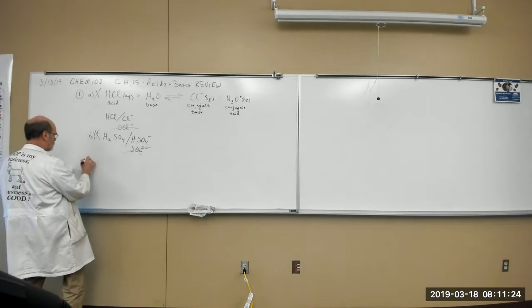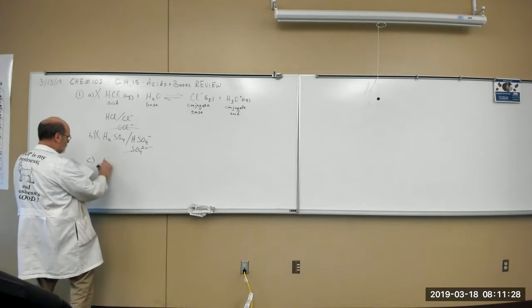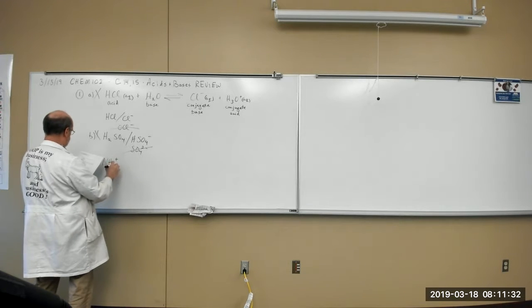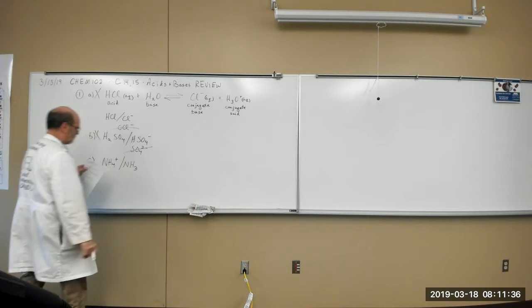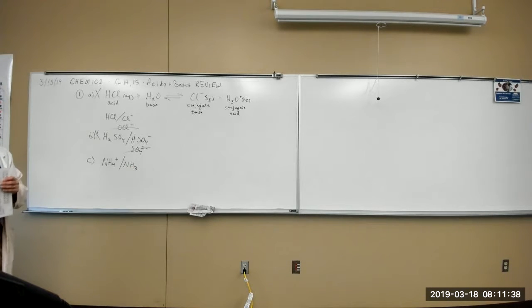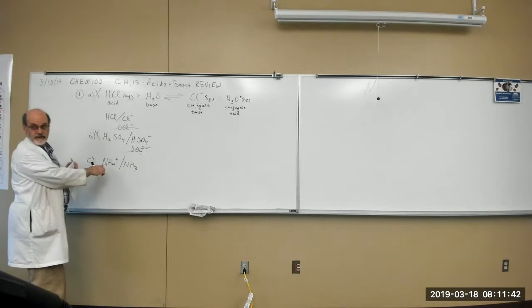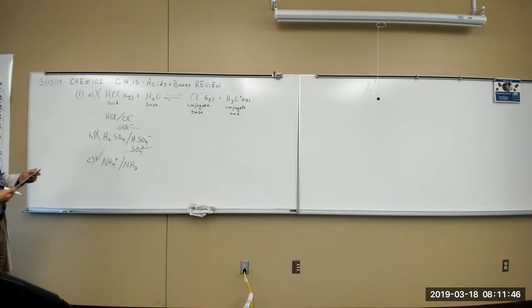Okay, let's look at C. They're saying that this is the acid and this is the conjugate base. Yes, because if you add a proton to that, you get this. Well, that one's true. And since E says more than one of these, we've got to go through all of them and check them out.